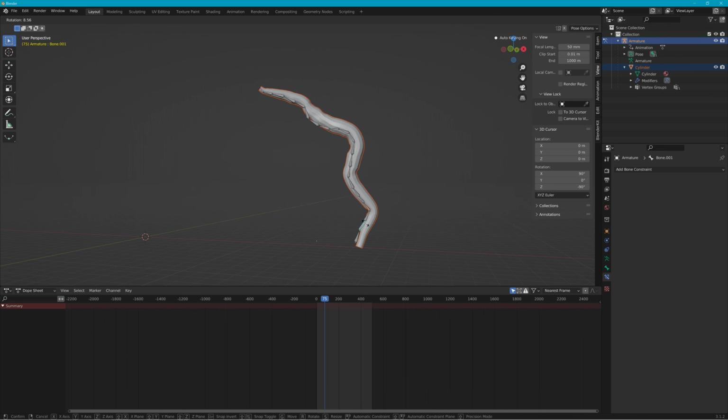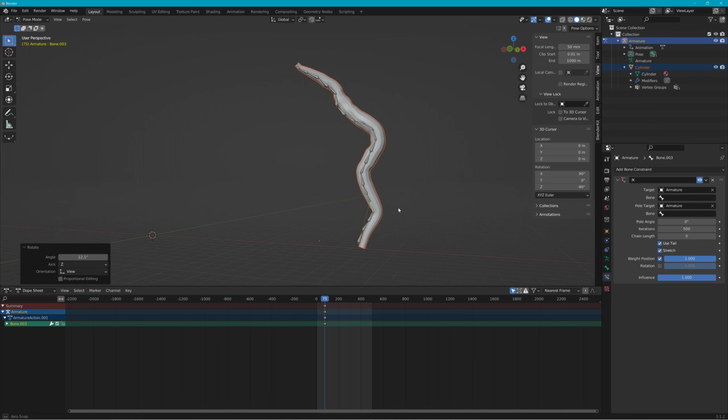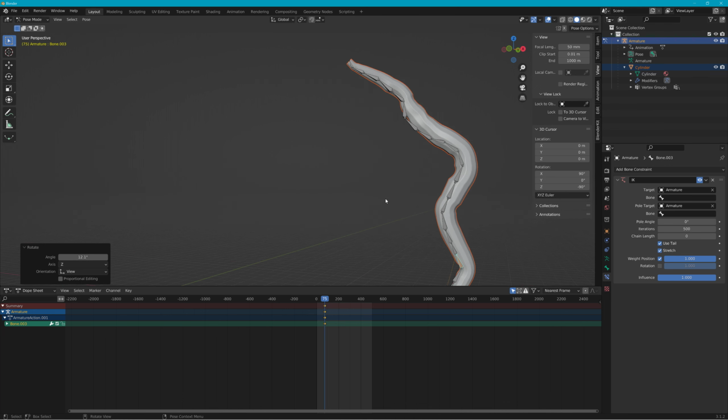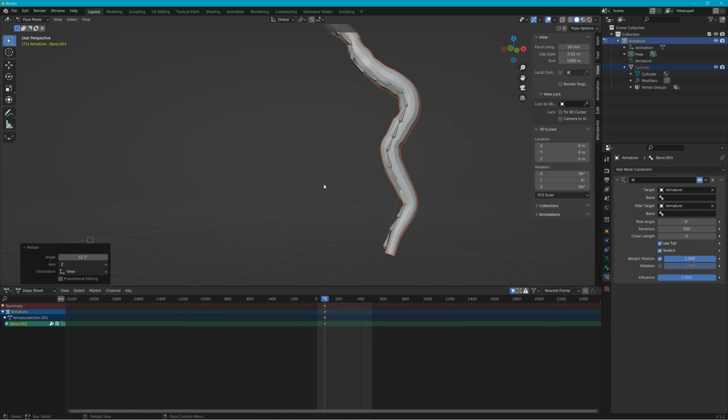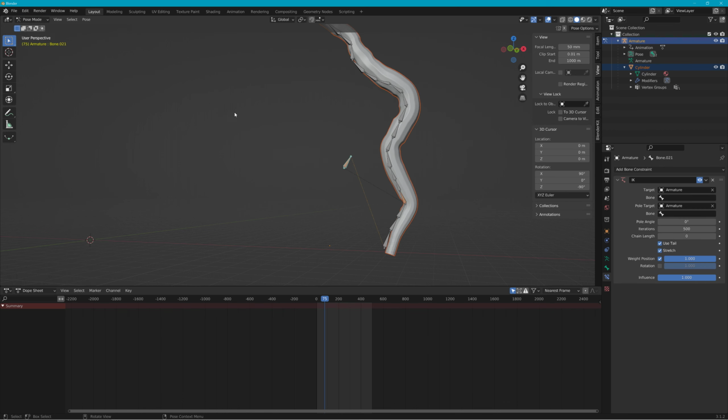I see the pole right there. Oh, I remember now. I think we got to have a duplicate of that bone, and that would be the pole object. But I got it linked wrong.